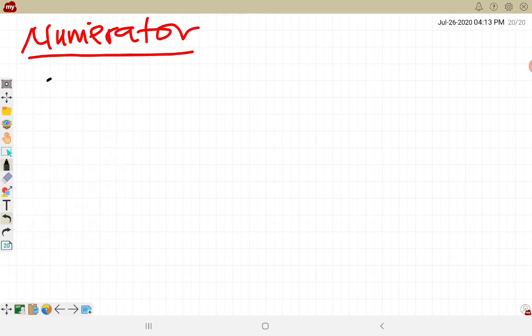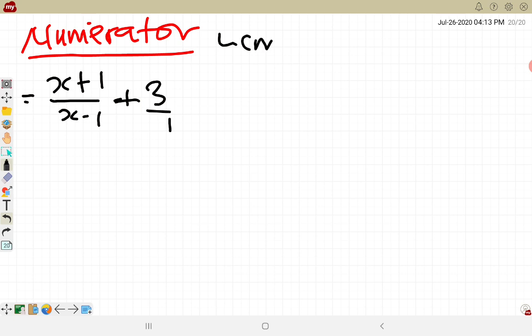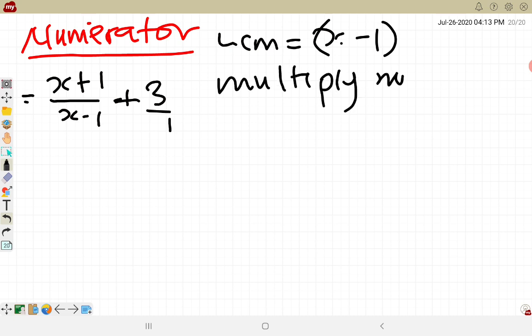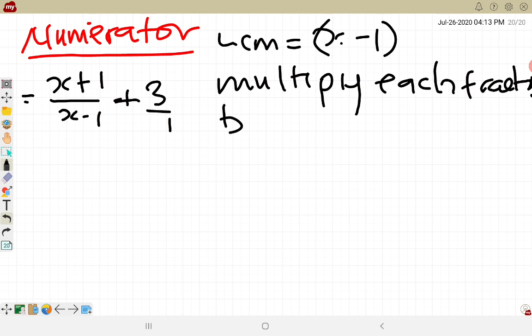The numerator gives us x plus 1 over x minus 1 plus 3 over 1. So the lowest common multiple here is x minus 1, so you multiply each fraction by x minus 1.